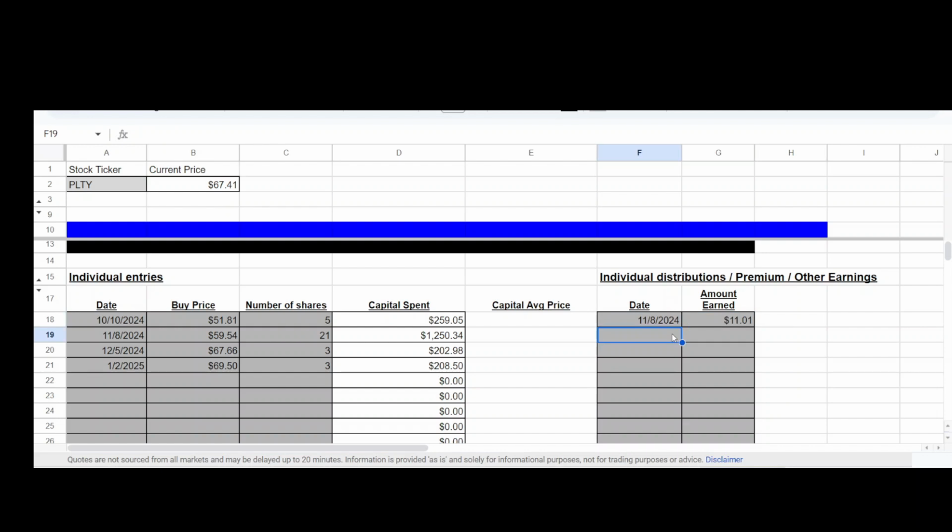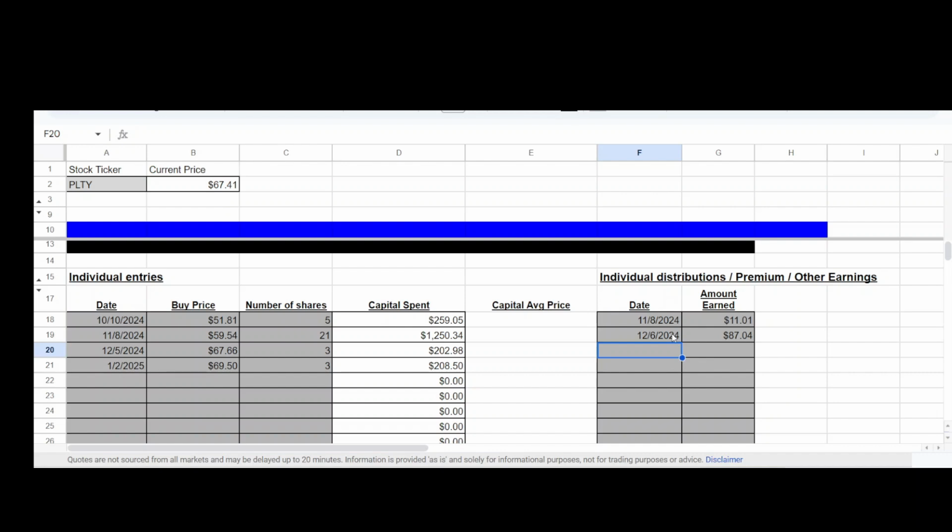My next distribution was on 12/6 of 2024, and this one paid me $87.04. That one was about $3.35 per share, and the one before was around $2.20 per share.